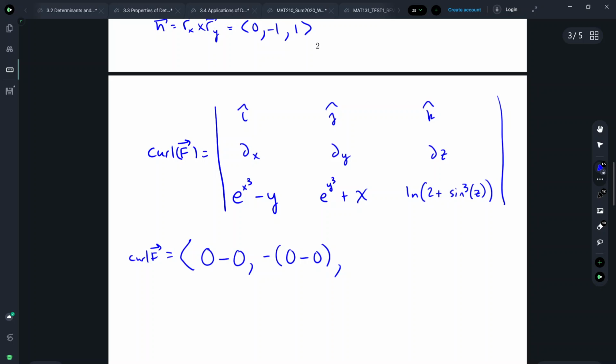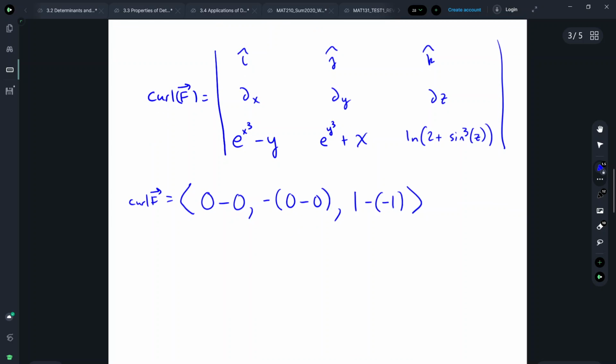Because this term goes away. And then the partial of y of this thing is negative 1 because this term goes away. Okay, so I get that the curl of F is equal to the vector 0, 0, 2.